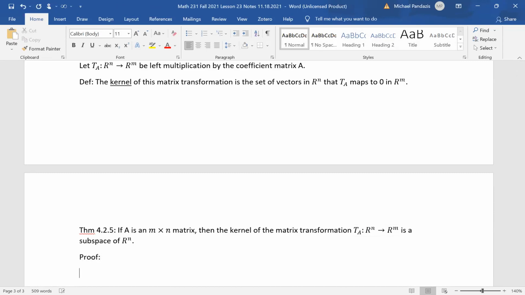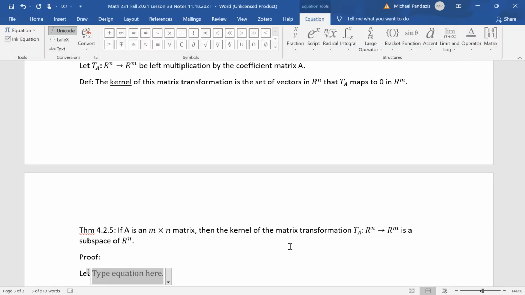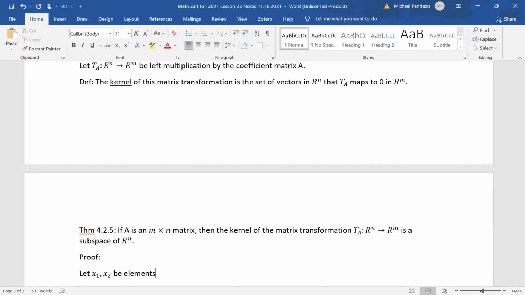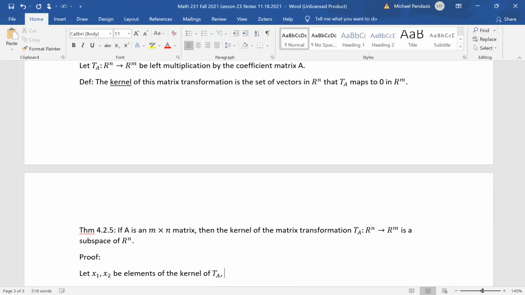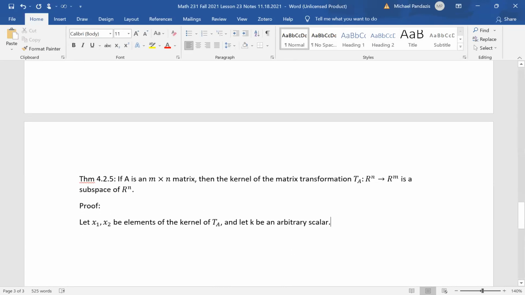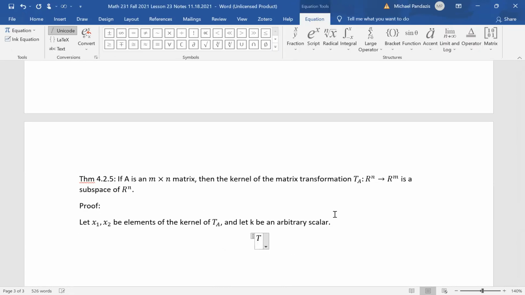So as a proof, let x1, x2 be elements of the kernel of the matrix transformation T sub A, and let k be an arbitrary scalar. We want to show closure under addition and closure under scalar multiplication. So the question is, what would T sub A send x1 plus x2 to? Would it send it to something in the kernel or would it not?